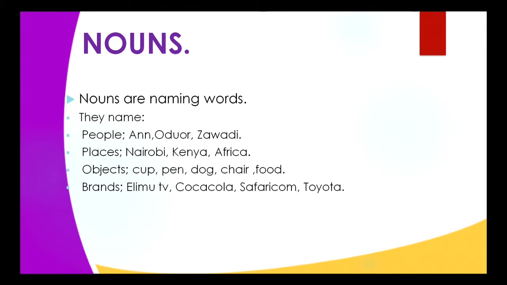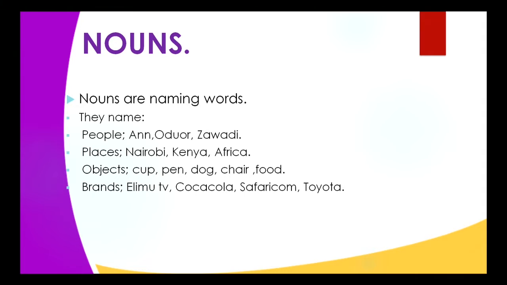Brands are particular names that are adopted by particular groups, and it's only one of a kind that exists. So if we have Elimu TV, it's a name that has been adopted by some particular company, and there is no way that there exist 2 of them.